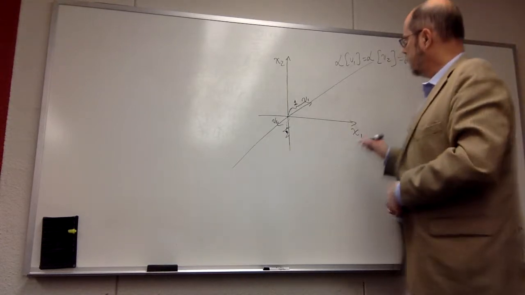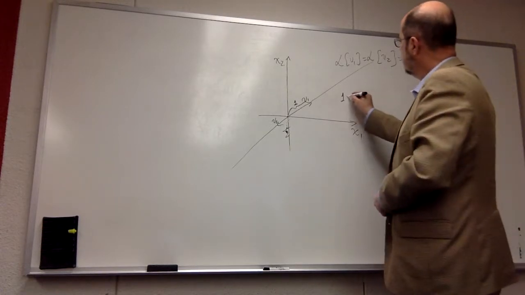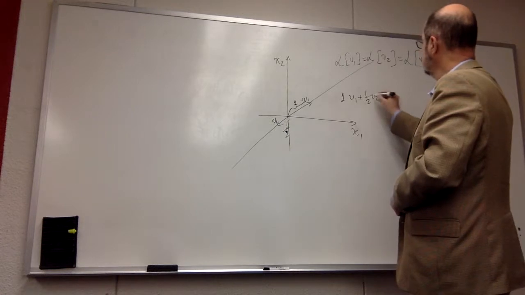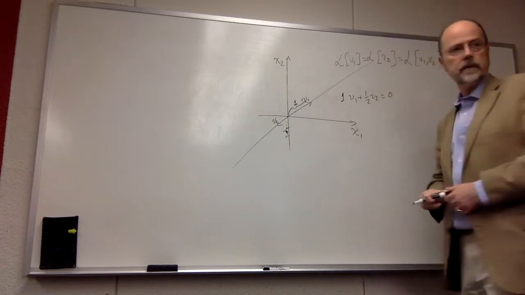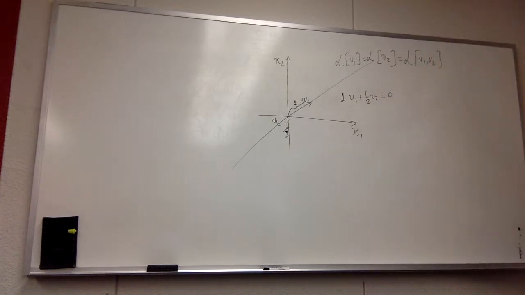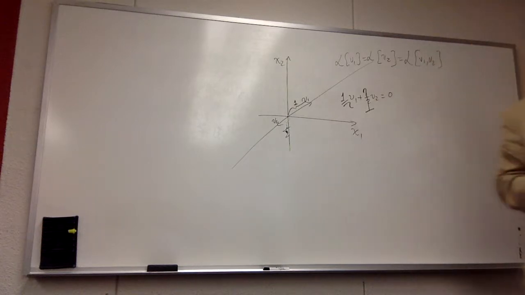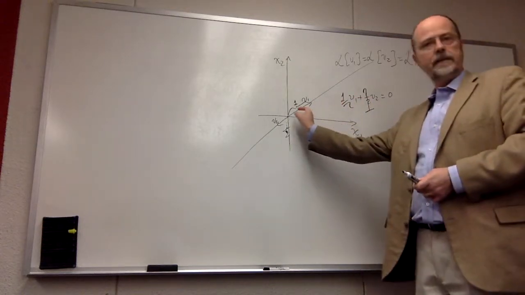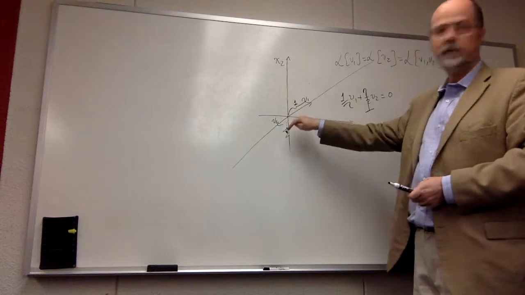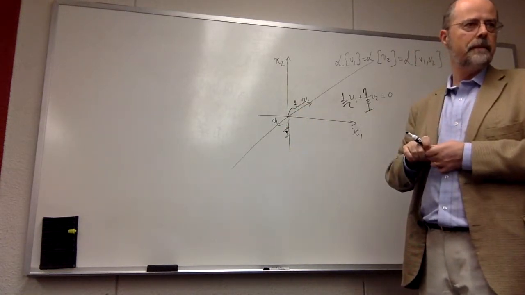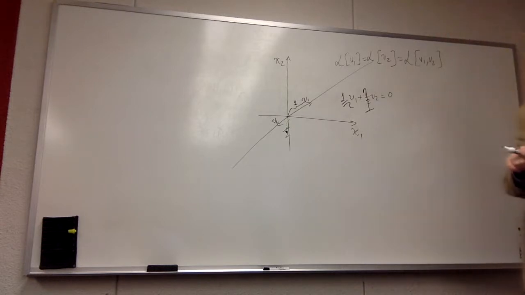So I can then say 1 times v1 plus 1/2 of v2 is the 0 vector. If I have this and add it to that, they cancel each other out and you end up at the origin.